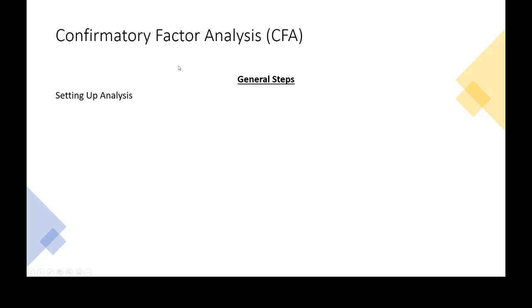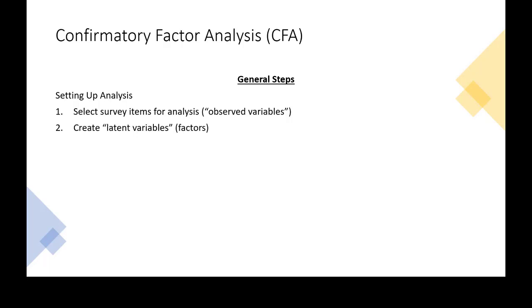The way you set it up is you're literally telling the software program what items you want to look at, and how exactly everything relates. So you may select your survey items for your analysis. Similar idea as with the EFA. You choose your set of items. These are called, in SEM language, observed variables. These are the kinds of things that you are actually getting direct responses on.